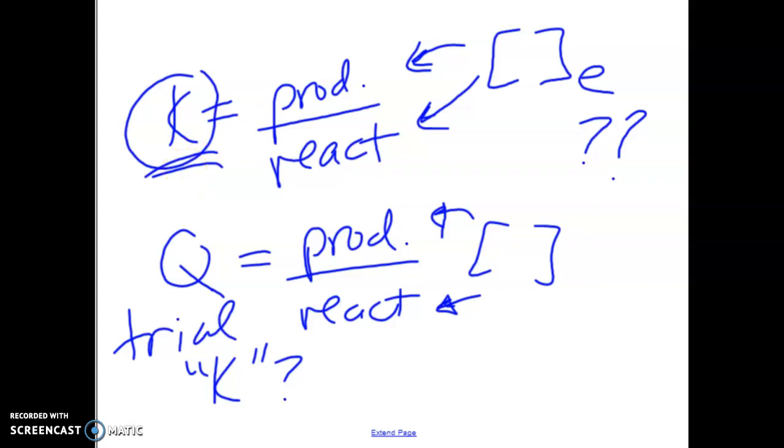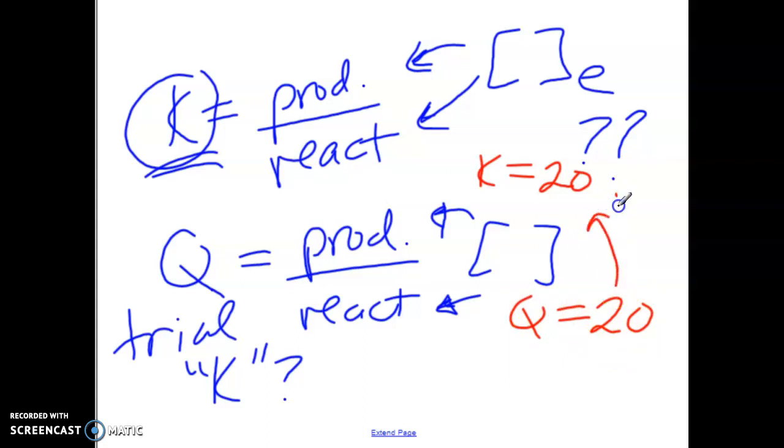So let's say a specific reaction at a certain temperature, the K value is 20, right? So we get a value of 20. Well, let's say we plug in some numbers into a trial K or our Q. If you end up with the value of 20, that indicates, oh, we do have equilibrium because the Q is equal to the K, right?